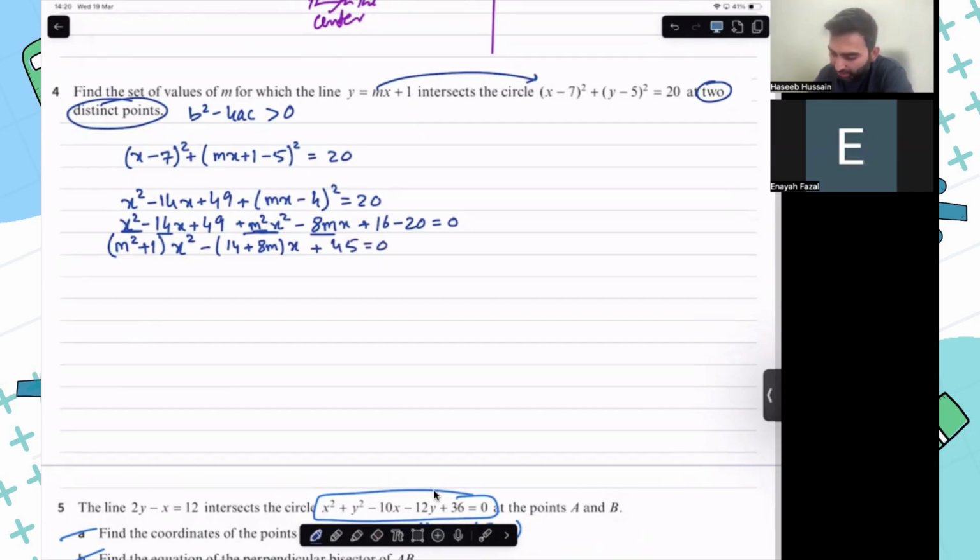Now you do b squared minus 4ac greater than 0.